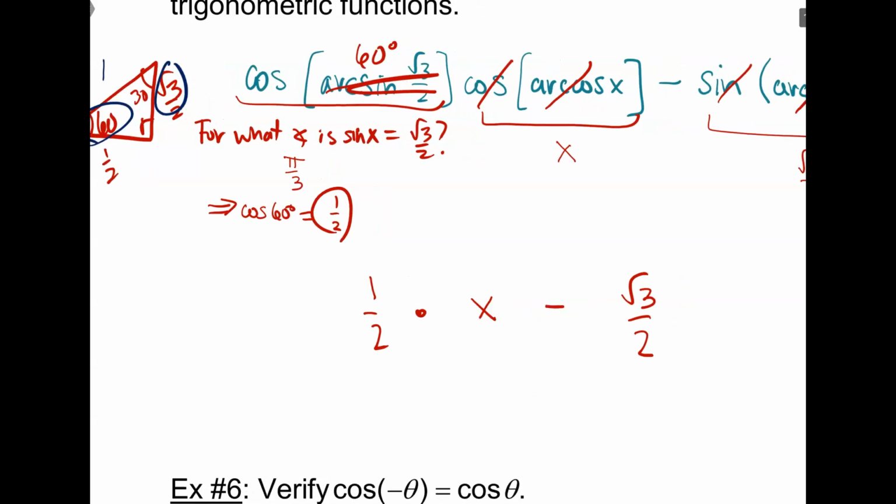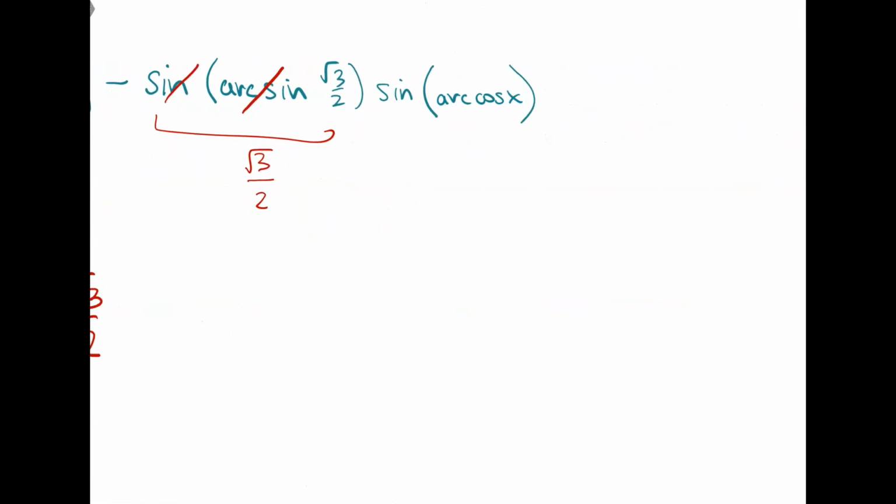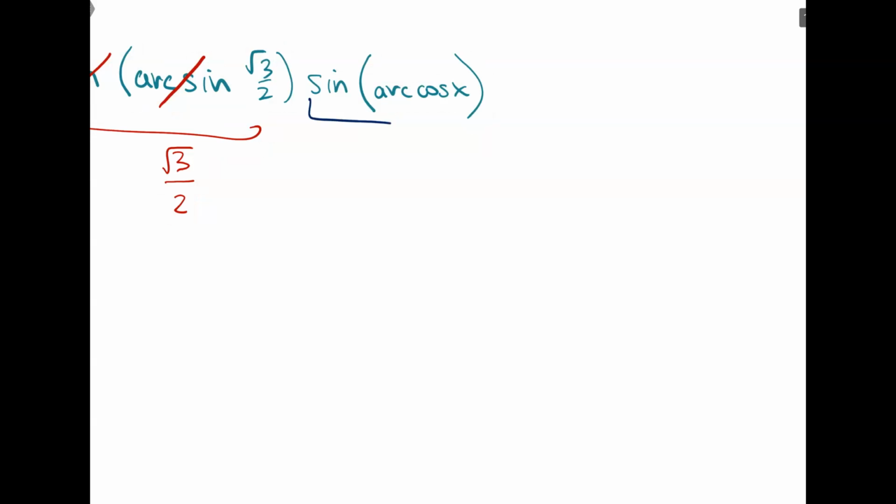So this is the last one. A little hard. Let's draw a triangle over here. I know cosine of this angle x. Cosine of my angle is adjacent over hypotenuse, so it's going to be x over 1.